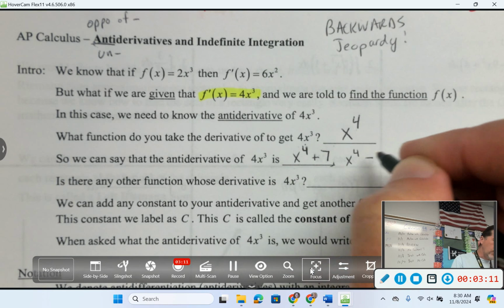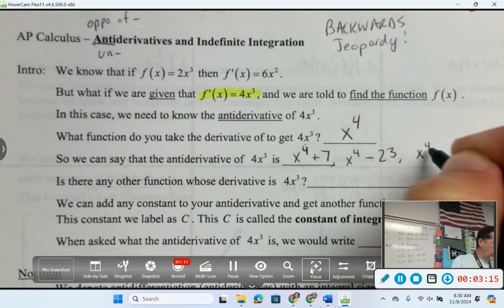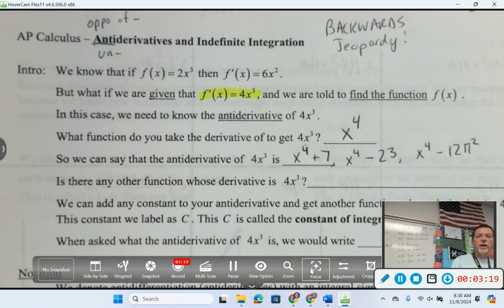Or x to the fourth minus 23, or x to the fourth minus 12 pi squared. It would be silly here, but any constant has a derivative of 0. So when we go backwards, you have to throw in this constant.